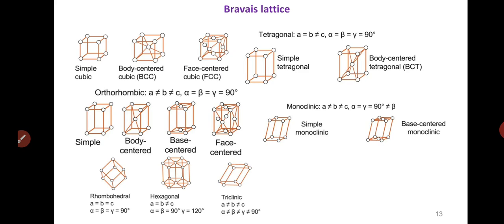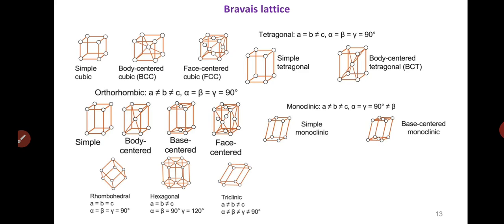So a total of 14. The structures are differentiated according to the length of the edges and the interaxial angles.